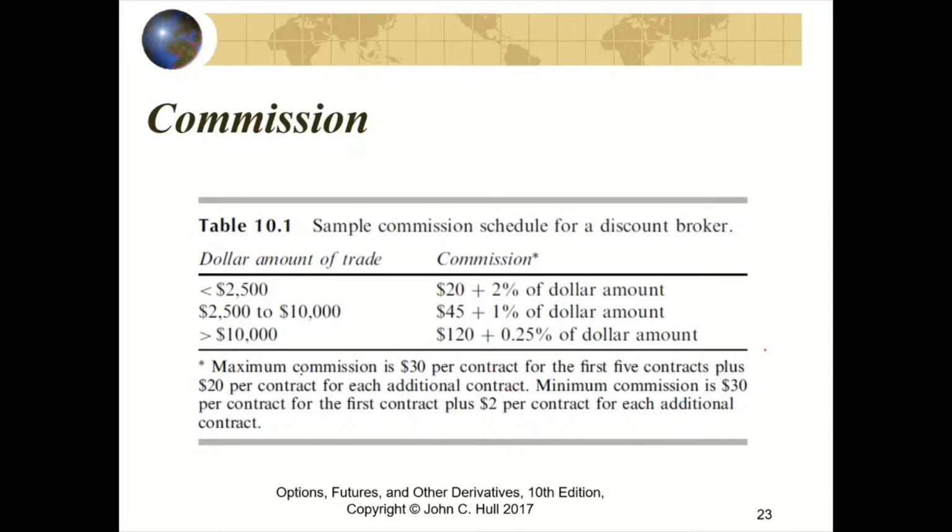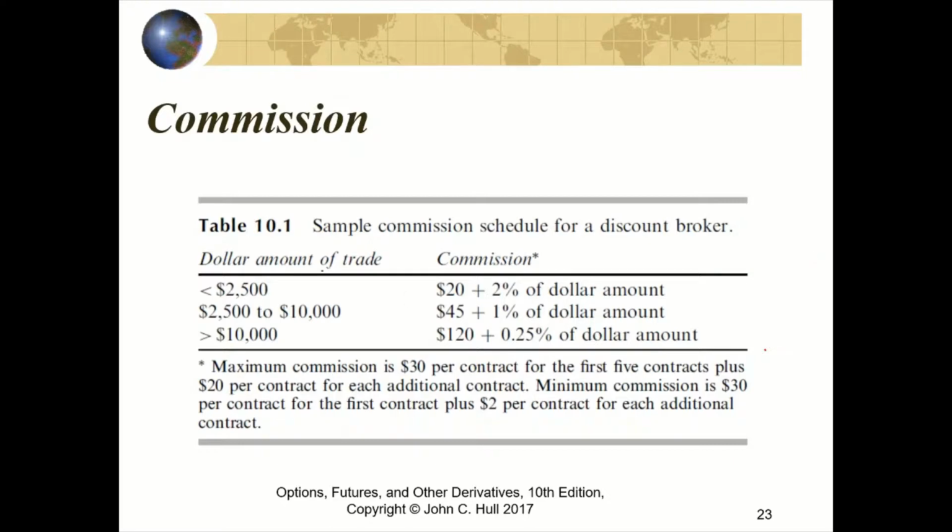In addition, sometimes the brokers assign a certain commission for the first transaction or first series of transactions. For example, here the minimum commission is $30 per contract for the first contract, plus $2 per contract for each additional contract. So once you place a new order, for the first order, you will be charged 30. And later on, based on subsequent transactions, this is the schedule that applies.